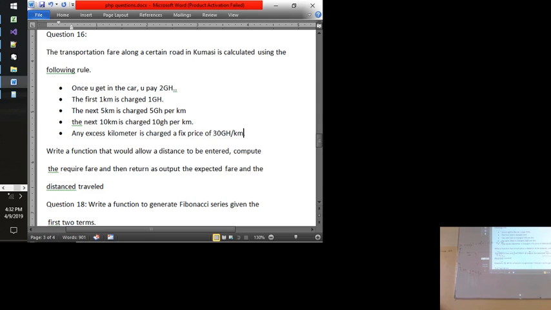Yeah, of course. If you can't sit in the car, you cheated.